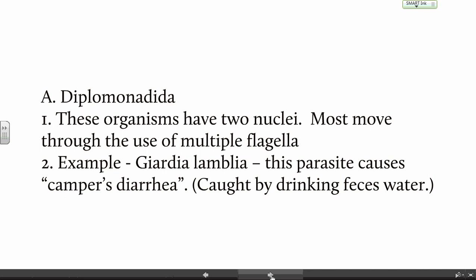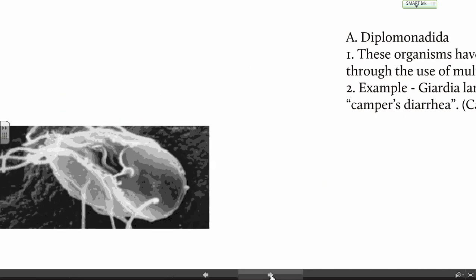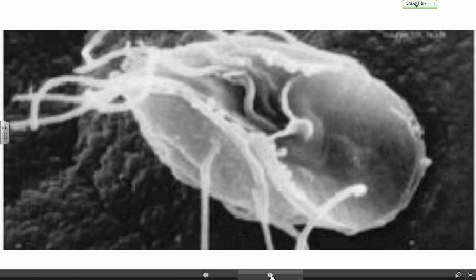Why did they not get sick? They probably do. It doesn't really make sense that they would poop near the water, but they haven't figured that out yet because they don't know what causes diseases. You think they're doing it on purpose? No, they don't. That's Giardia, kind of a weird looking little creature with little flagella sticking out everywhere.